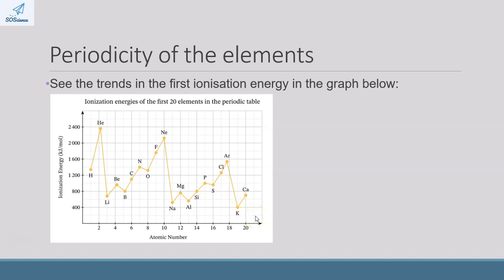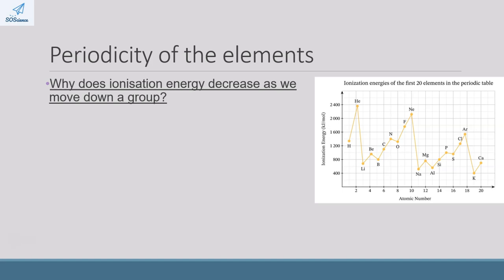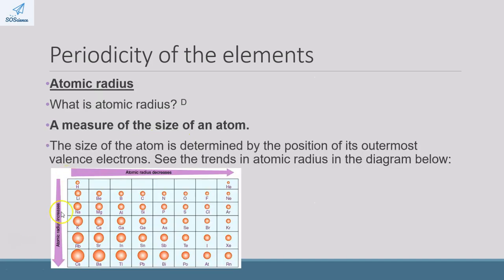Now, we need to understand those patterns and provide model answers. So let's take a look. Why does the ionization energy decrease as we move down a group? As I move from hydrogen to lithium to sodium to potassium, I'm coming back here to the atomic radius picture.